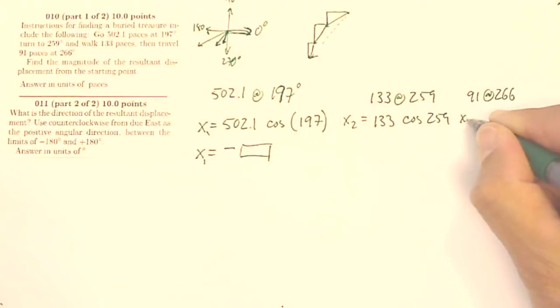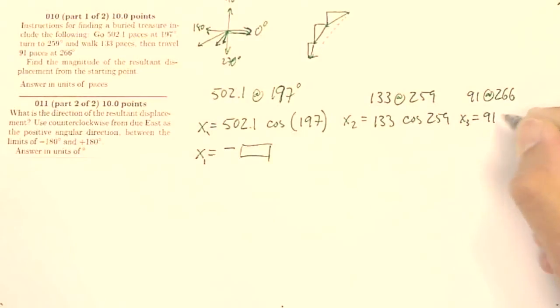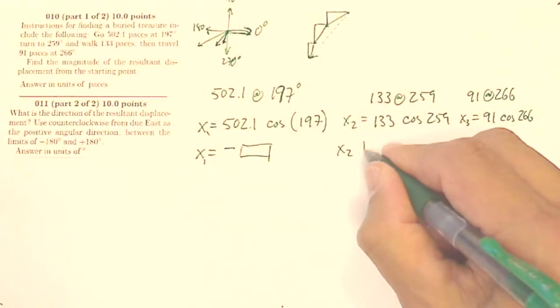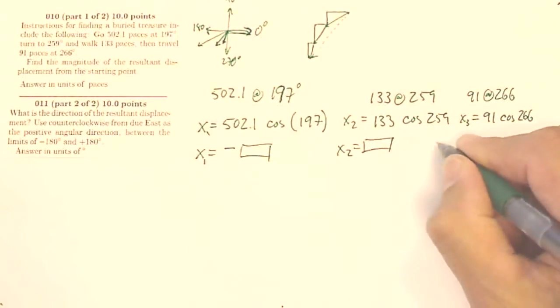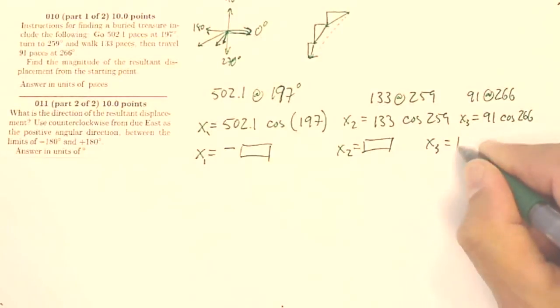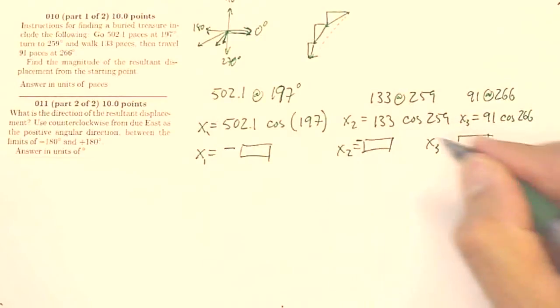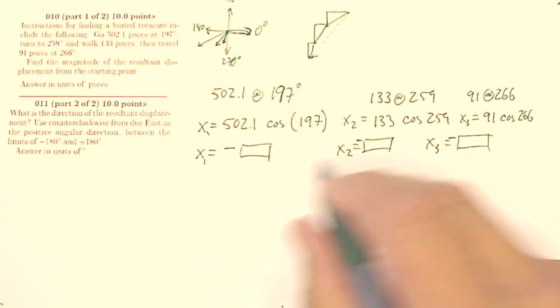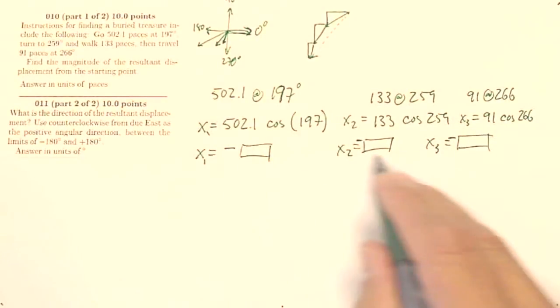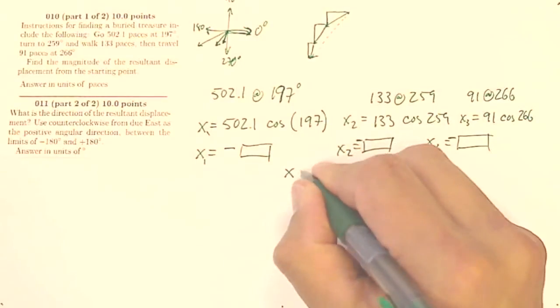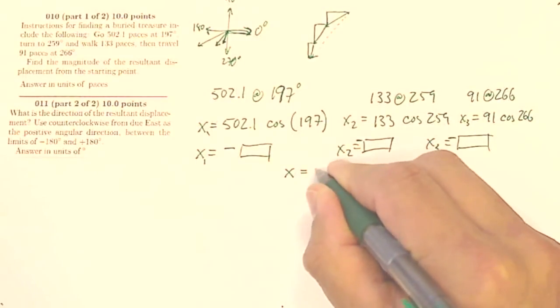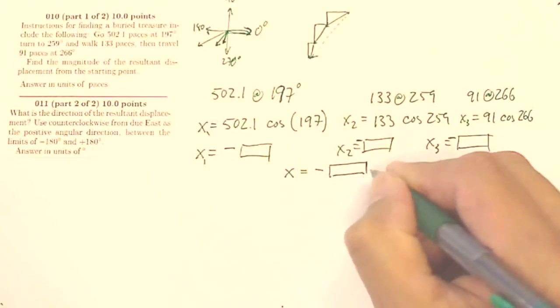So x3 is going to be 91 cosine 266. So that'll give me an x2, and that'll give me an x3. So my total x is just going to be this, which is negative, this one, which is negative, and this one, which is negative. So it's negative, more negative, more negative, so one big number. So I will get my x total equal to some big negative number, just telling me that it's down.